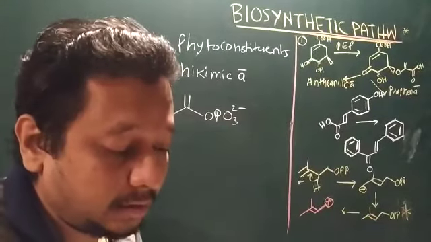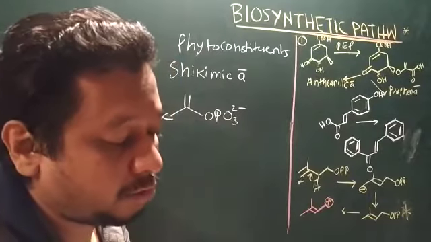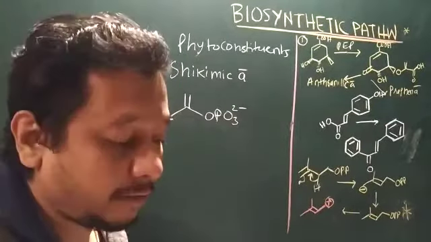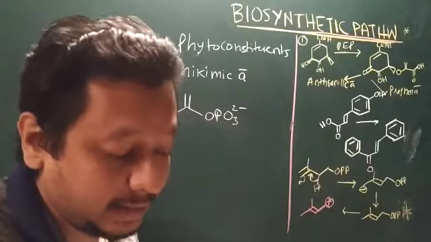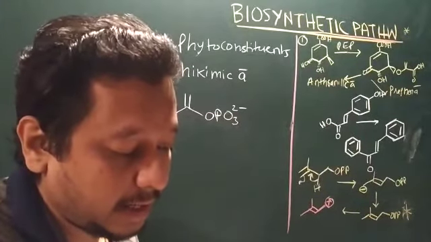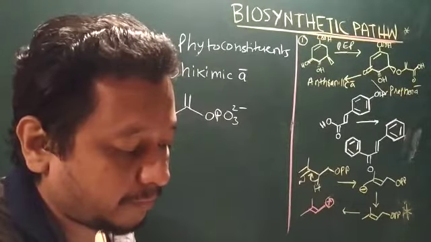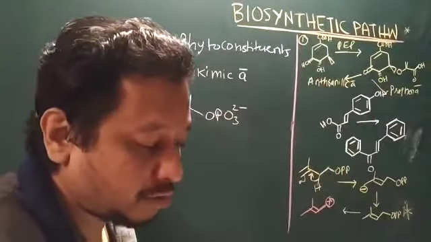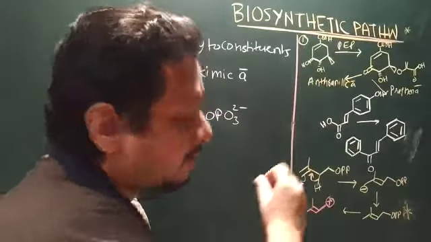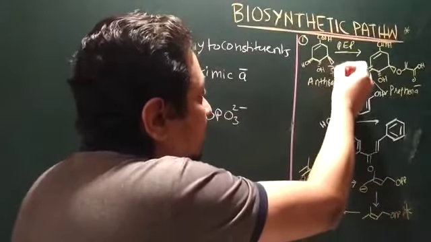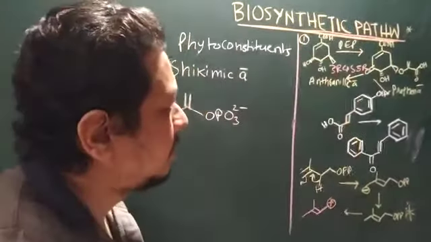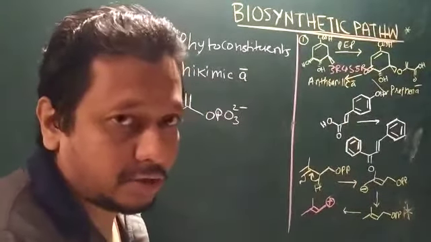After that, 3-dehydroquinic acid gets converted into 3-dehydroshikimic acid, okay? Then with the help of shikimate dehydrogenase, 3-dehydroshikimic acid can convert into shikimic acid. This is the shikimic acid whose active isomer is 3R, 4S, 5R. This is the active stereo configuration, okay?